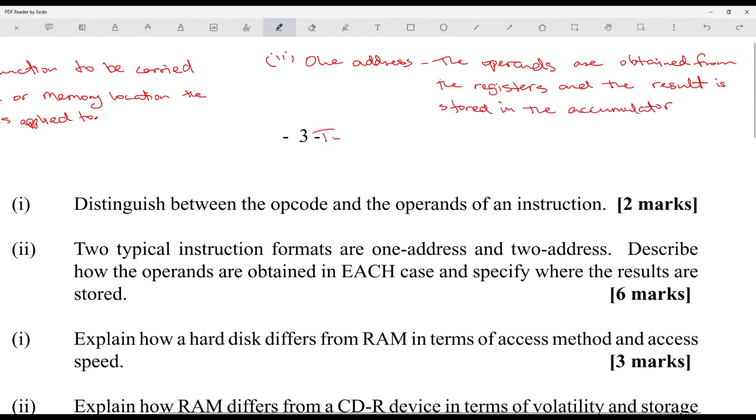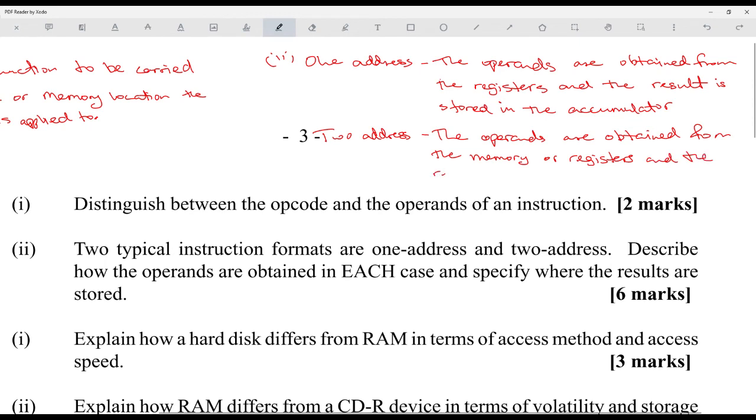2 address. The operands are obtained from the memory or registers, and the result is stored in memory or one of the registers. 3 marks for each.